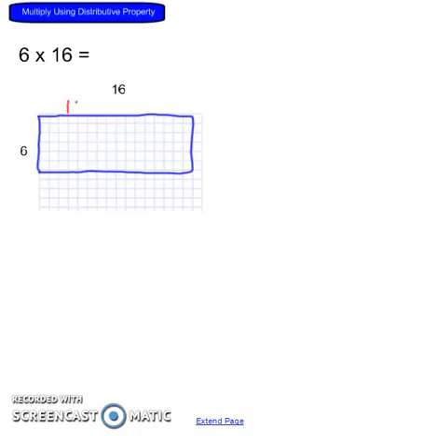So 16 is going to break down into 10 and 6. So going over 3, 6, 9, 10. I have a 6 by 10. And I have a 6 by 6. Our third step, we're going to do the multiplication for each of those parts.